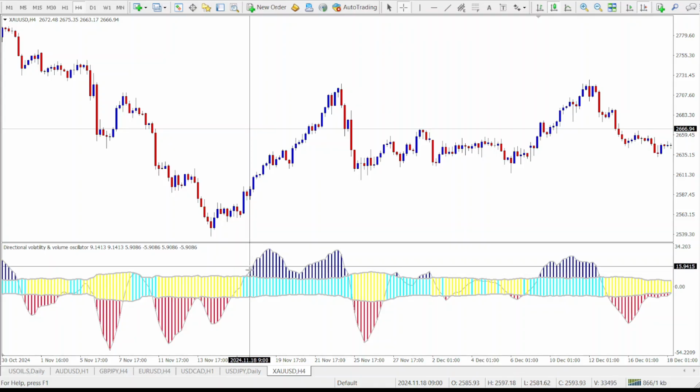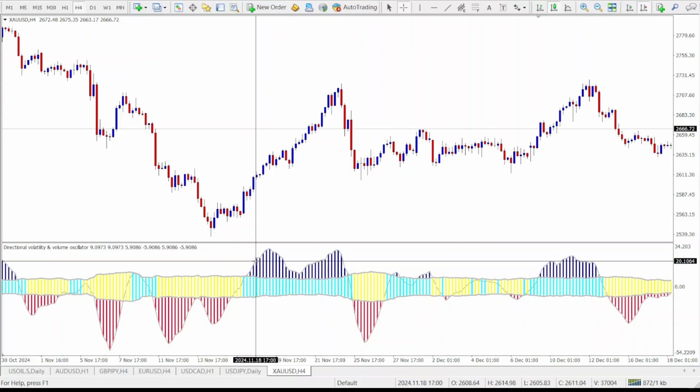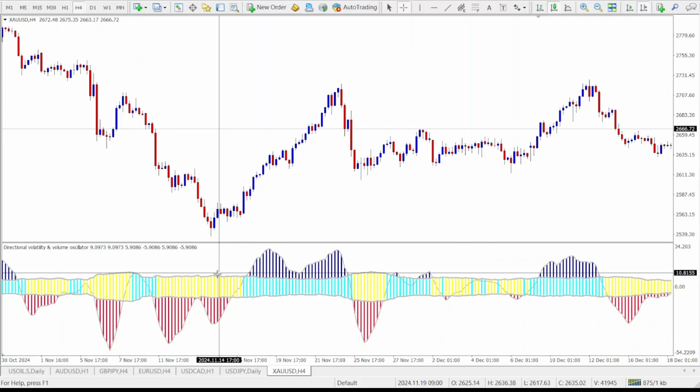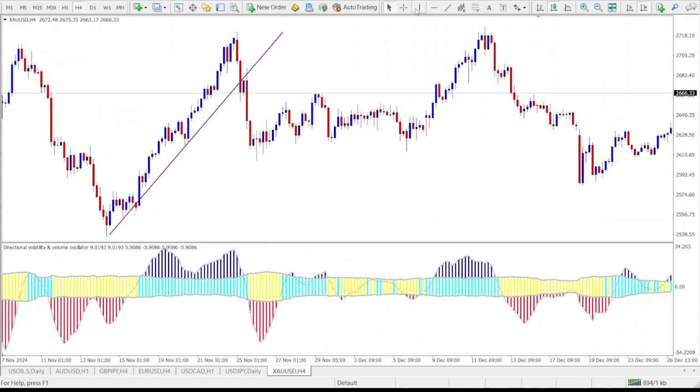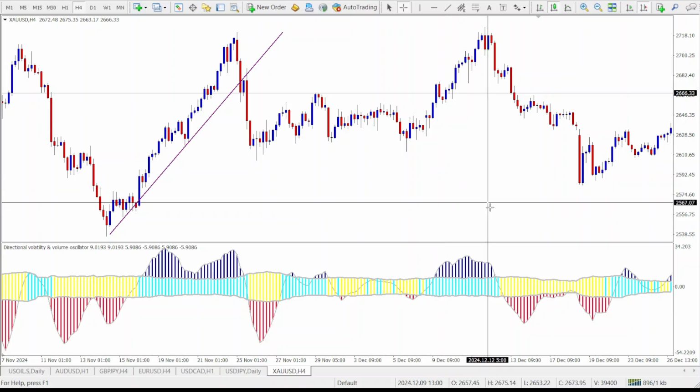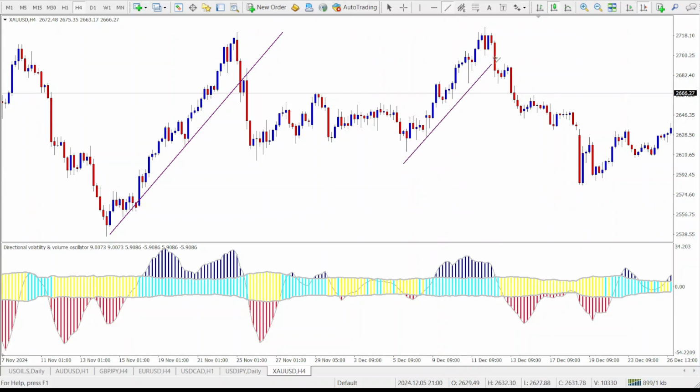It's a very easy interpretation, and if we look at it closely, you will notice that whenever the blue histogram bars are trending upwards, above the horizontal lines, it's usually an uptrend. Just like what we had here, it was an uptrend, and here again, and here again.